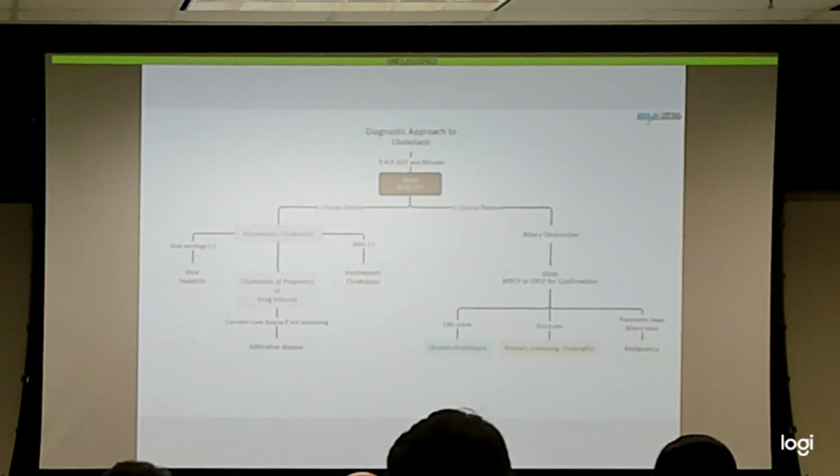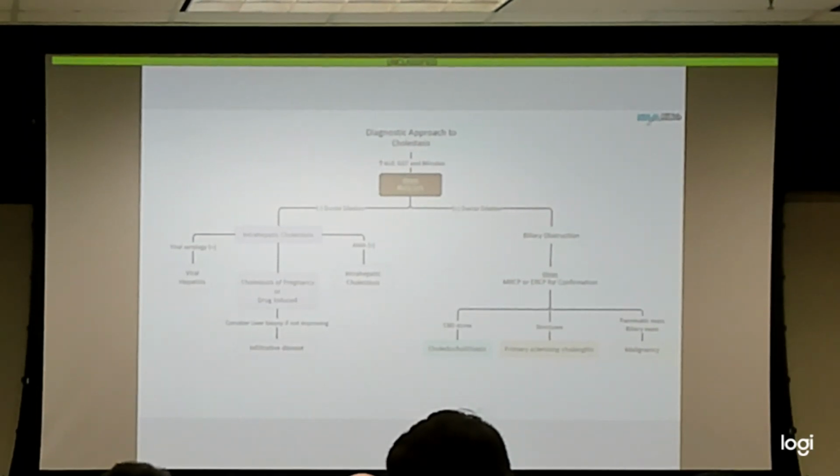All right, another one of the Ninja Nerd diagrams that we have here. So this is my diagnostic approach to cholestasis, and you can use this again in further lectures. If I've got an increase in that ALP and GGT, I want to get a right upper quadrant ultrasound. If I don't have any ductal dilation, meaning I don't have any stones or anything within those ducts that are causing backflow up to the liver, it's probably intrahepatic.